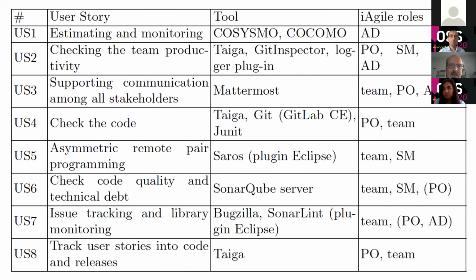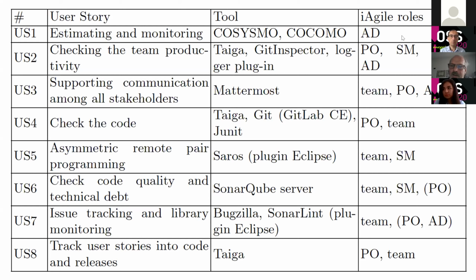Being an agile system, we also developed it as an agile system. So we devised several user stories that describe the evolution and development of the system. For each, we found a specific tool and integrated it into the system.